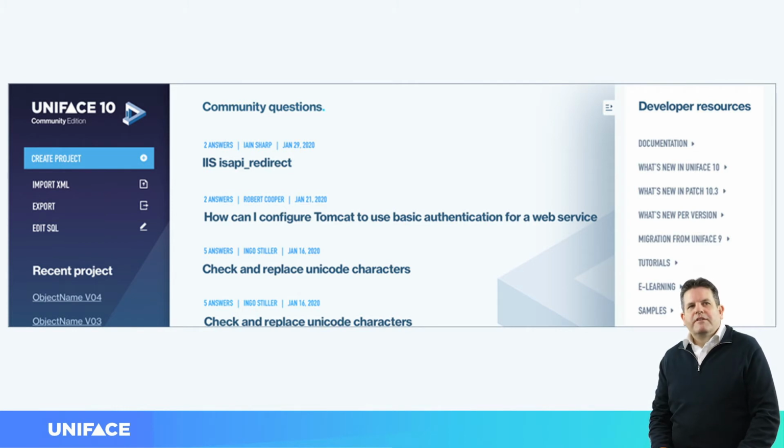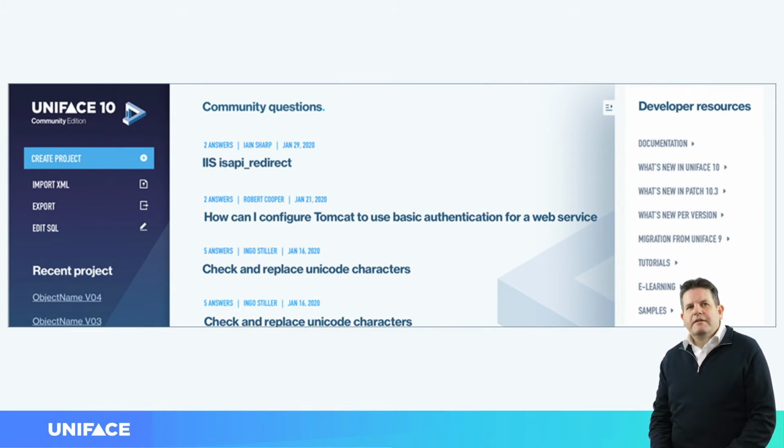In the middle, there is a summary of questions on the Community Edition. So you have direct access into the community, and that was an important thing that we wanted to do, so that people immediately feel that they are involved in something wider than just their own development environment. And on the right hand side, there are developer resources.